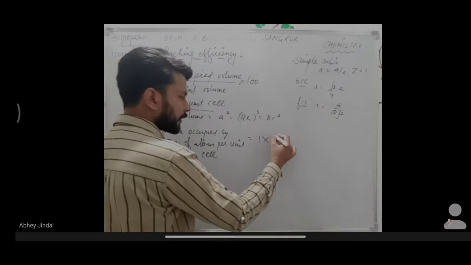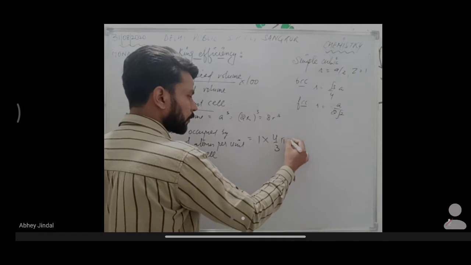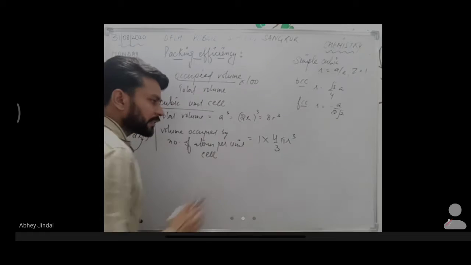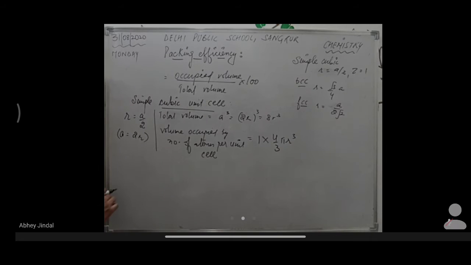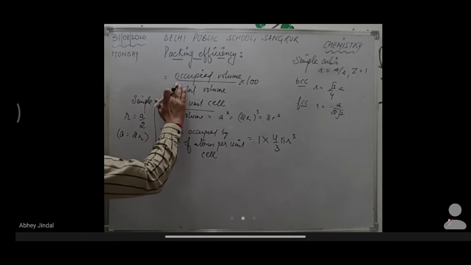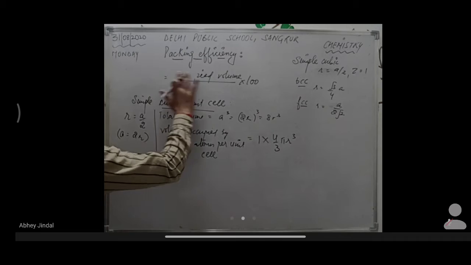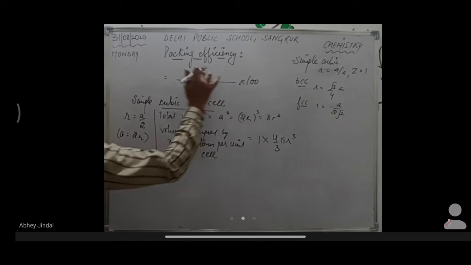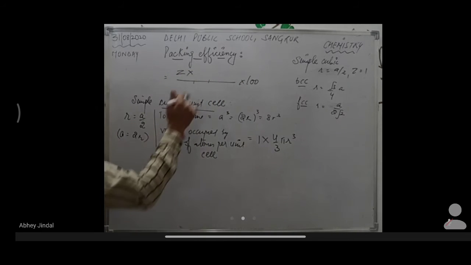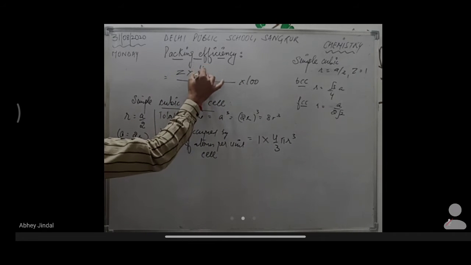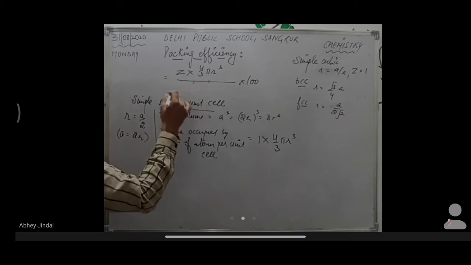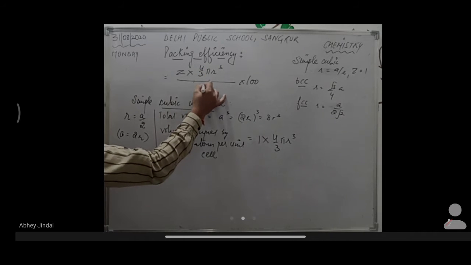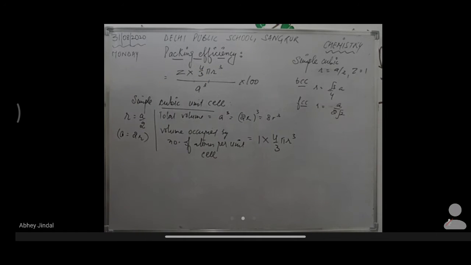So the sphere has a volume of 4/3 πr³ into 1. In mathematical form, we can write: Z, the number of atoms per unit cell, into the volume of 1 atom, 4/3 πr³, upon a³. a³ is the total volume of the unit cell. So this is the packing efficiency.